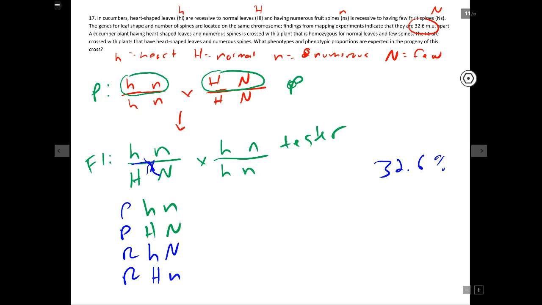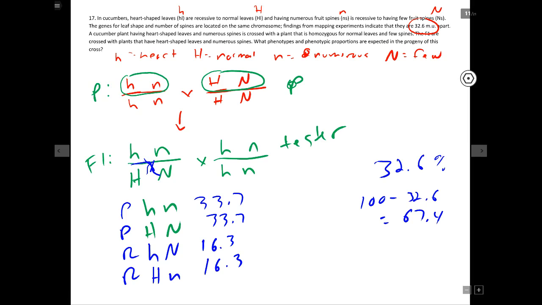So you get 16.3% of each of these recombinant classes. 100 minus 32.6 equals 67.4. Half of that is 33.7.